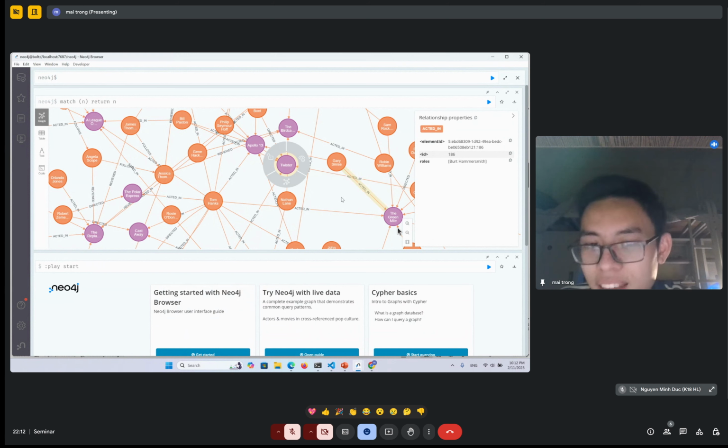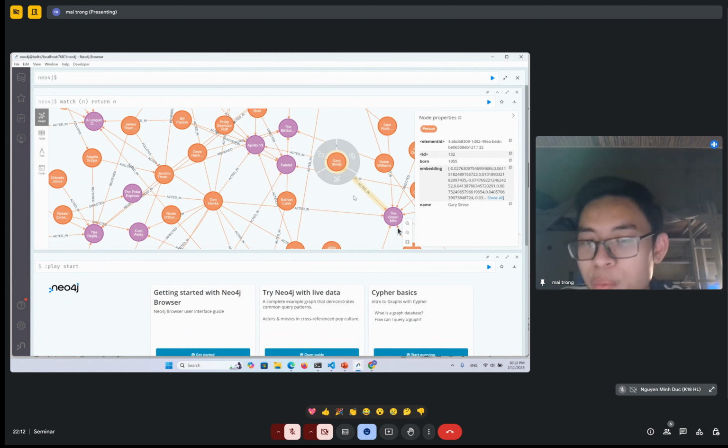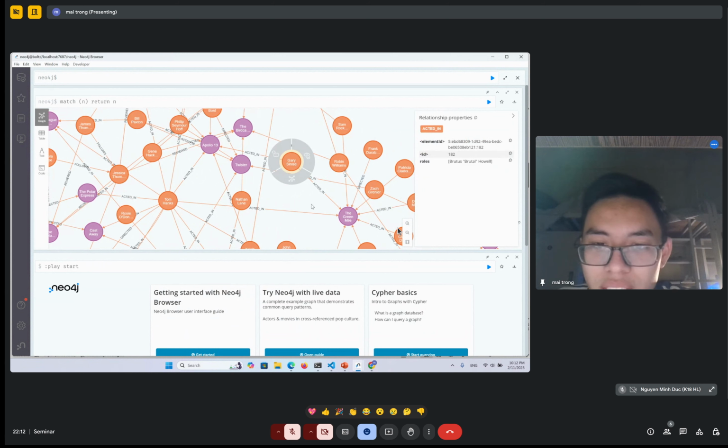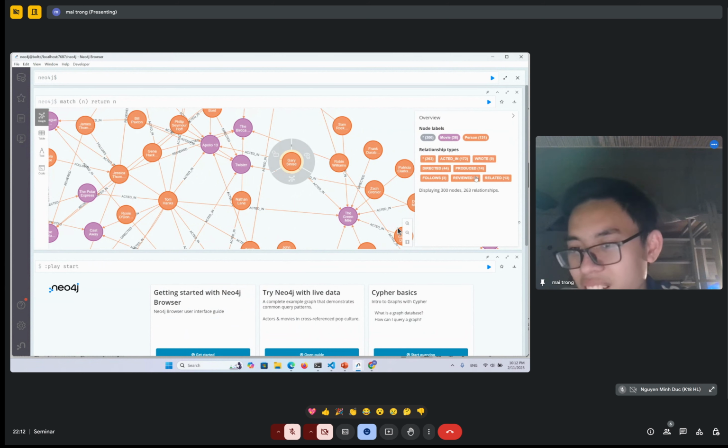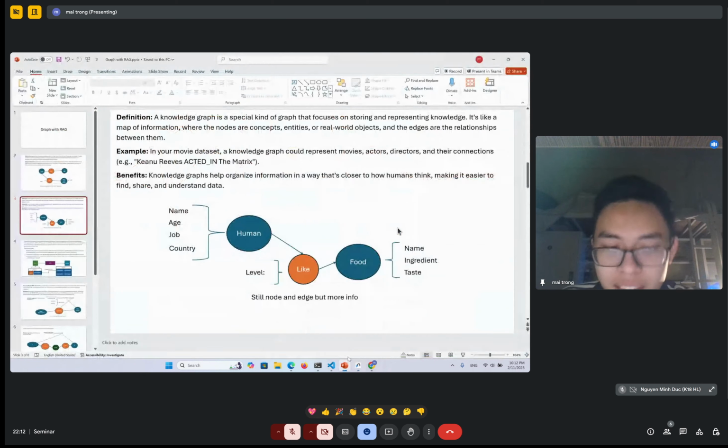So these are already defined by humans, and the relationship between the actor and the movie is also mentioned. I mean the human and the movie, because they not only acted in, but also directed. They have many types of relationships, a lot. So a knowledge graph is a way of representing information in graph form. So now you may have understood how to represent information in graph type.